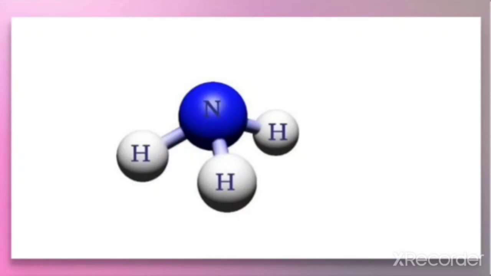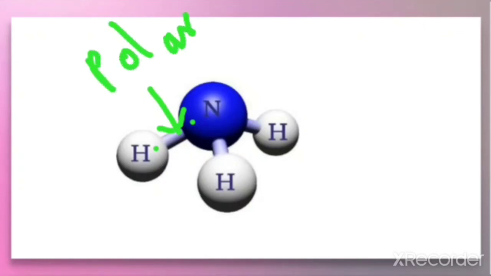Because of this, the bond formed between them is a covalent bond, formed due to the sharing of electrons between them. This covalent bond is actually a polar covalent bond, because nitrogen has a greater tendency to attract the shared pair of electrons towards itself.